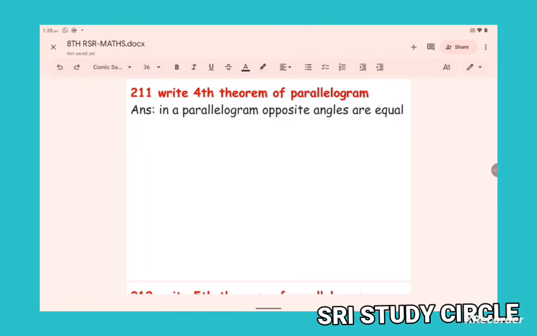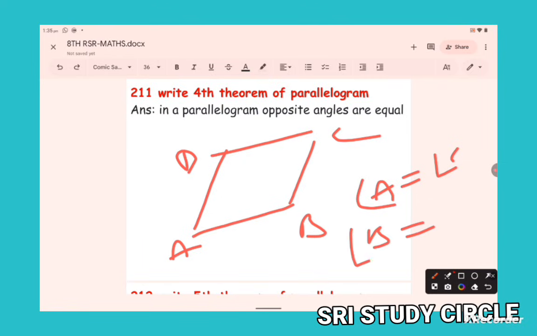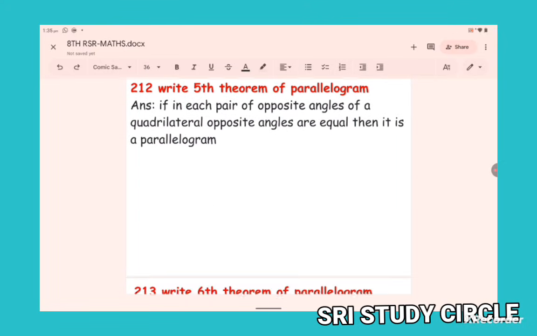Now the fourth theorem. In a parallelogram, opposite angles are equal. Angle A is equal to angle C, and angle B is equal to angle D. This is the fourth theorem. Now the fifth theorem.